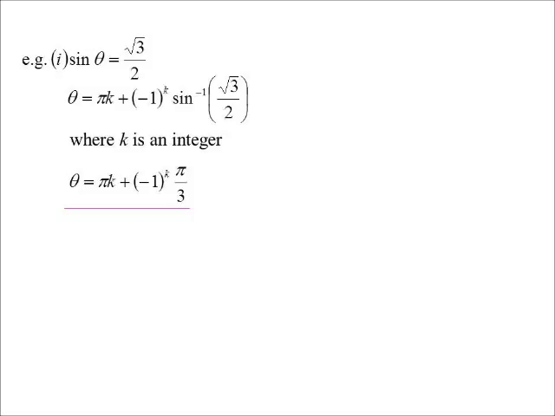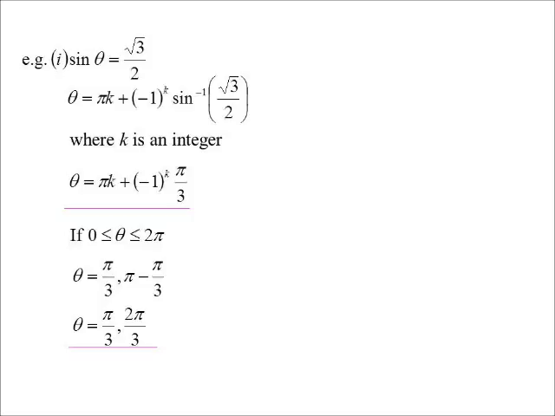Now, I could use that to generate solutions. What if I said, hang on, I only want answers between 0 and 2 pi? I could go back and solve it as we would traditionally, but now that I've got a formula, I'm not going to do that because I can just substitute numbers in. If I substitute 0 for k, I get minus 1 to the power of 0, which is 1, so pi on 3.